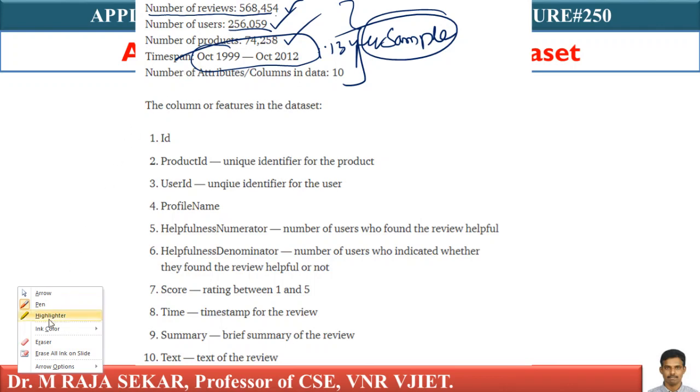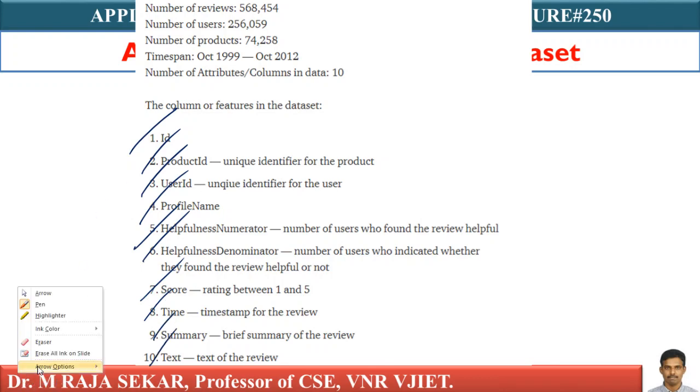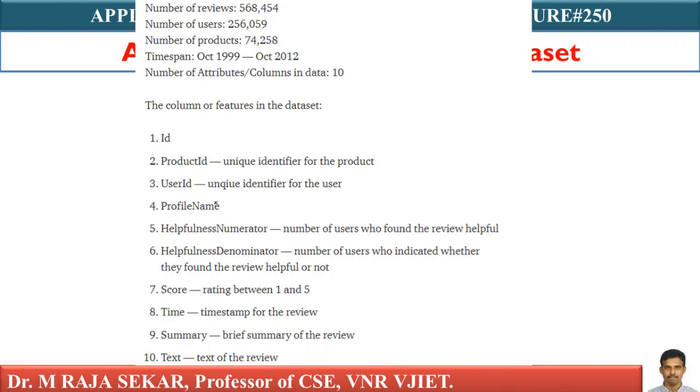How many attributes are there? How many columns are there? There are 10 columns. These are the attributes: ID, product ID, user ID, profile name, helpfulness numerator, helpfulness denominator, score, time, summary, text. There are 10 attributes or 10 columns.